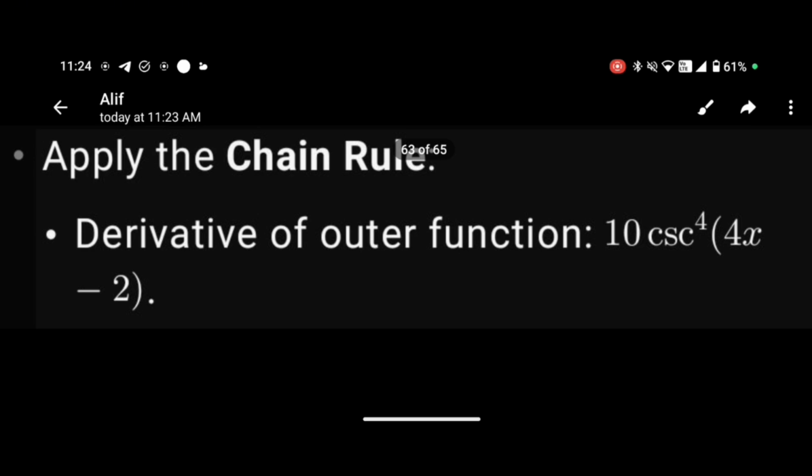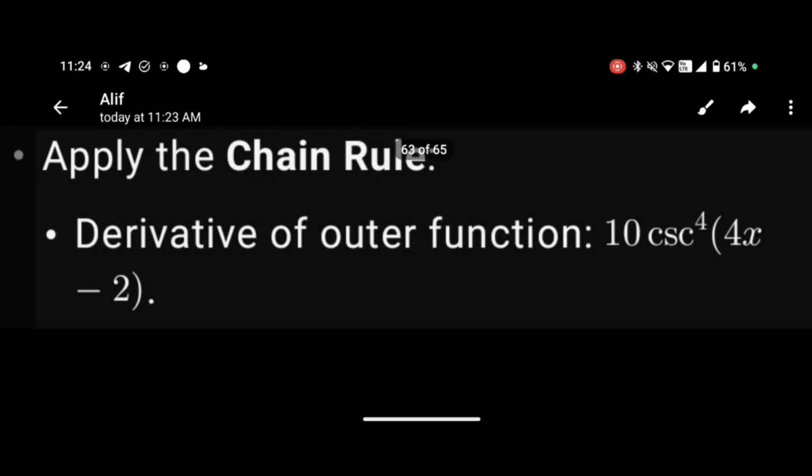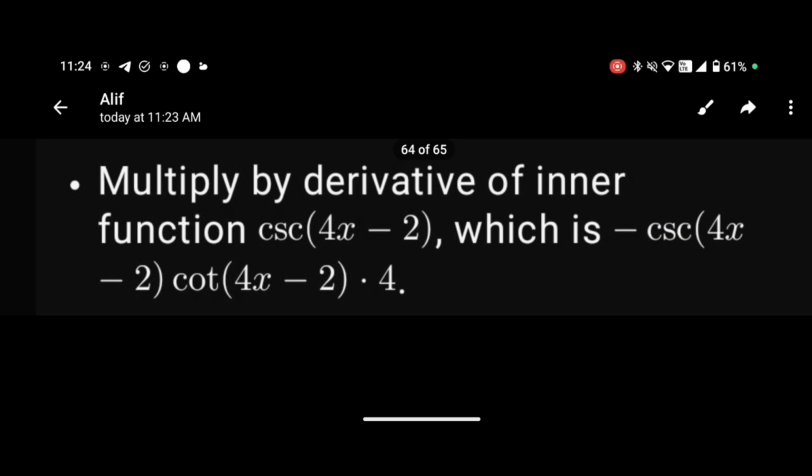That's why we get 10, because 5 multiplied by 2 is 10, and 5 minus 1 is 4.